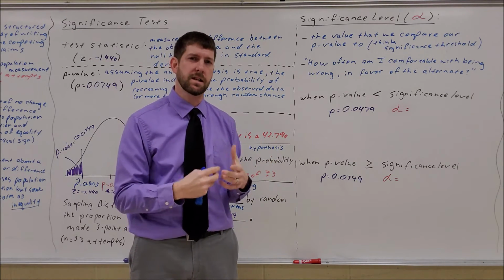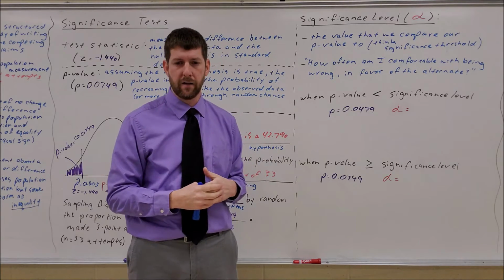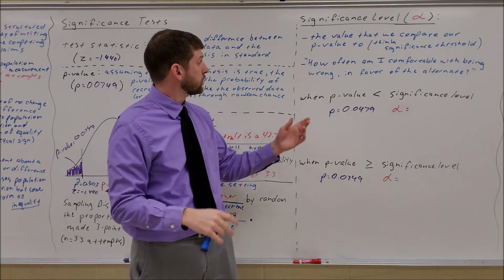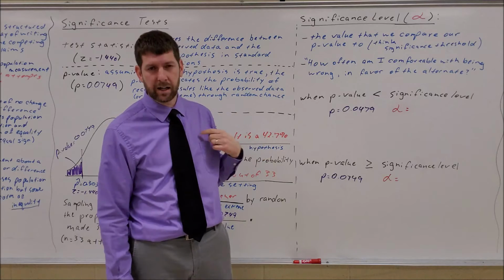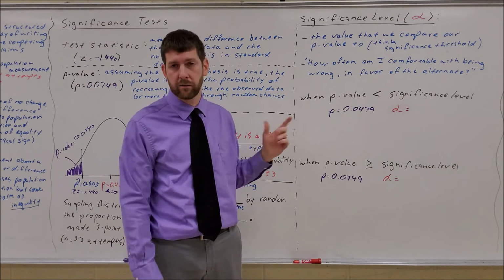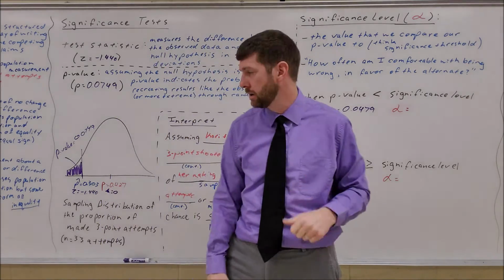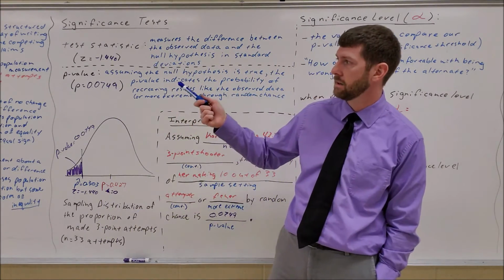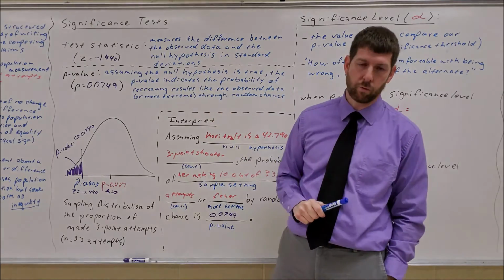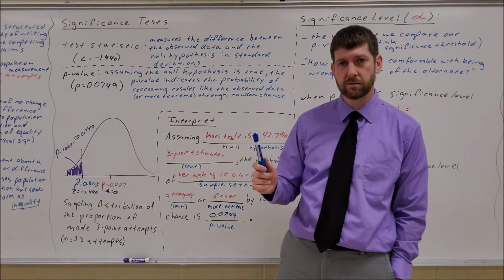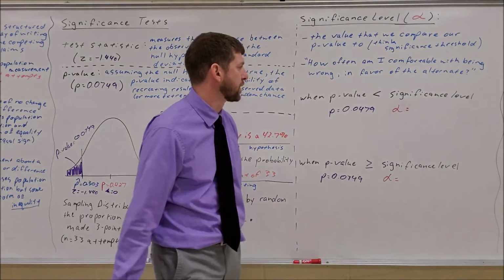You look at the stakes of what it is you're trying to study and then decide how important that is. So in other words, how often am I comfortable with being wrong in favor of the alternate? How often would I be okay getting it wrong by saying she actually is worse than 42%? That's what we're trying to decide.